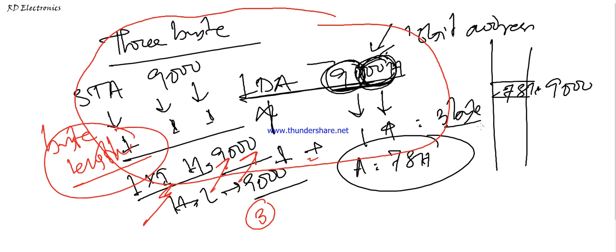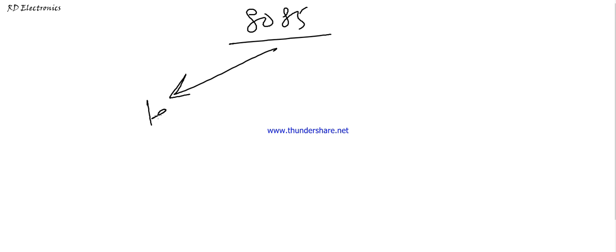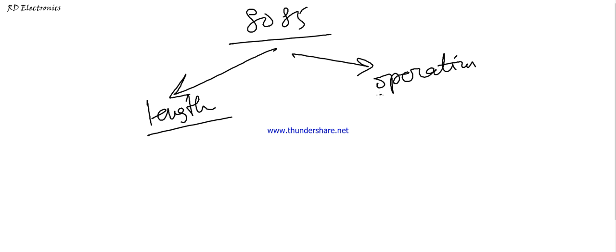How many are there? 5 different types of instructions. Basically in 8085, as I show you in a chart, there are two different ways of classifying: one depending on the length and one depending on the operation. Please note it down clearly.